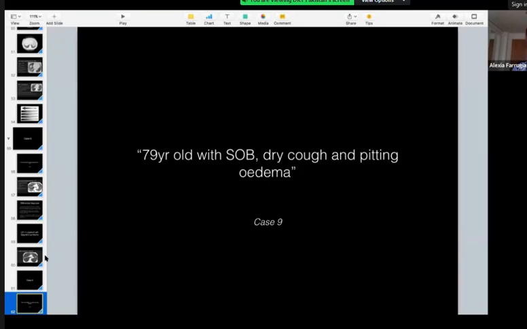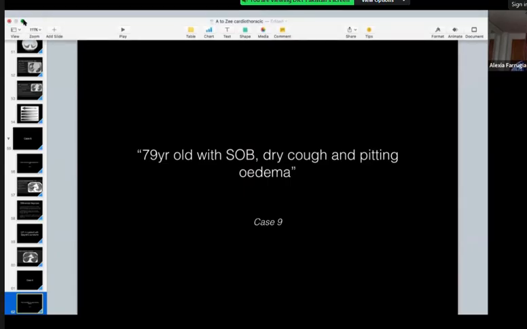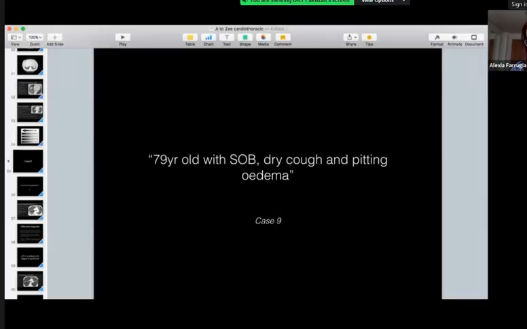So it's a 79-year-old lady with shortness of breath, dry cough, and pitting edema. All right, so I'll just bring up the images for you.